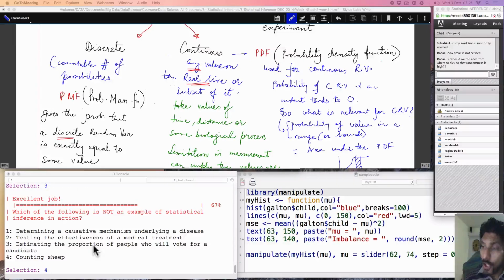I'm trying to find out the cause of it. So why should that be statistical inference? Are you getting my question? Why should determining a causative mechanism underlying a disease be an example of statistical inference?